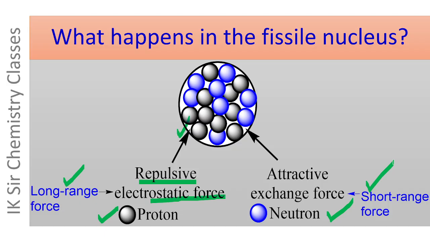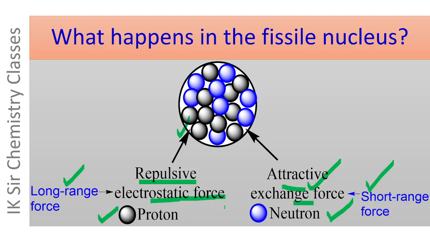For a medium sized nucleus, the attractive force is about 100 times stronger than the repulsive force, and this is why most of the small and medium sized nuclei are stable. But as the size of nucleus increases, the attractive exchange force decreases rapidly because it is short range force.